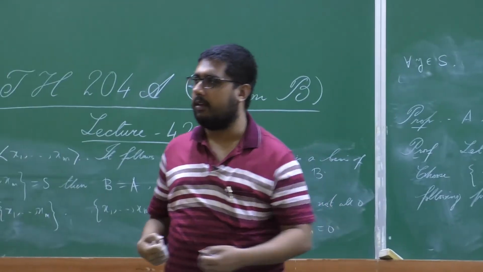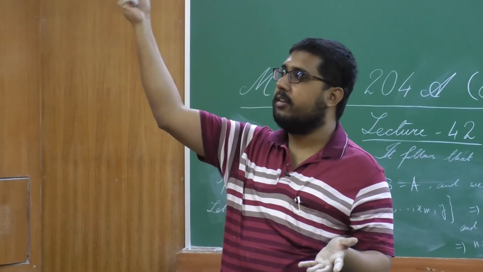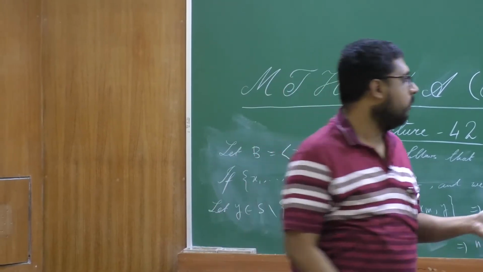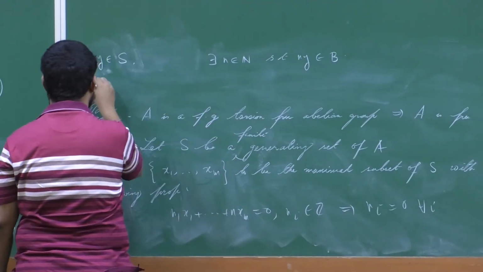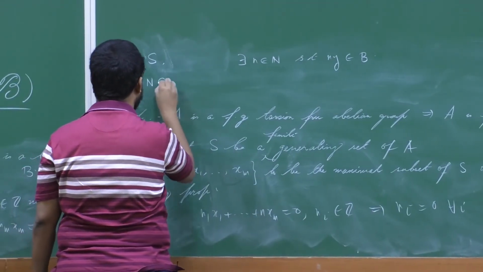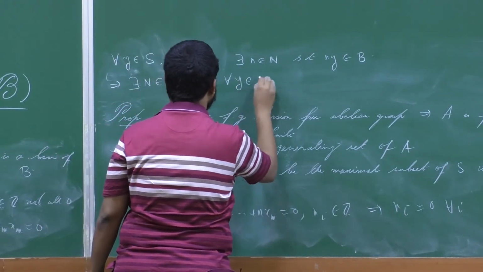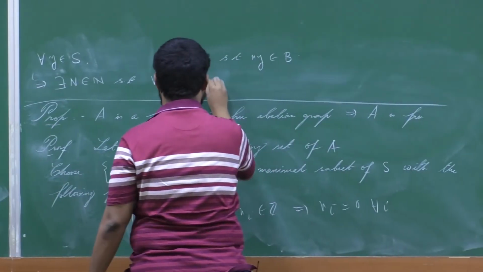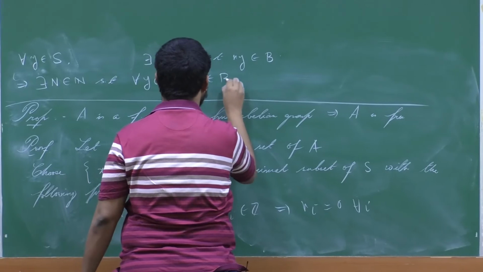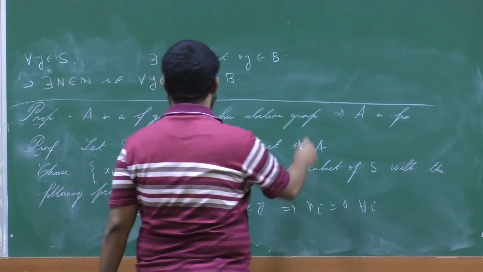Now we have only finitely many such y's, so taking a sufficiently large n, we can simply switch the order of the quantifiers. So we can say that there exists a capital N in the naturals such that for every y in S, Ny belongs to B, right? Because you can take LCM or something, because there are only finitely many such small n's.